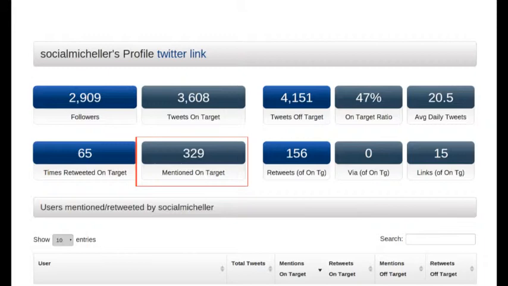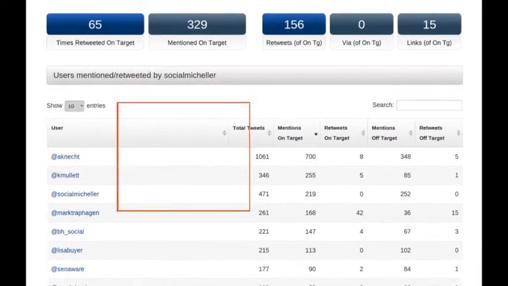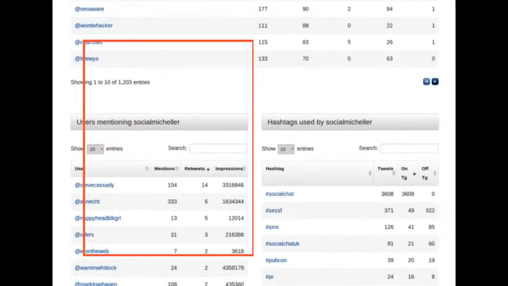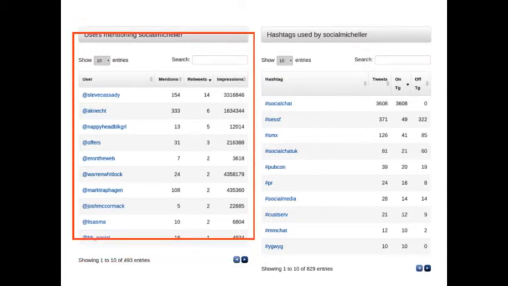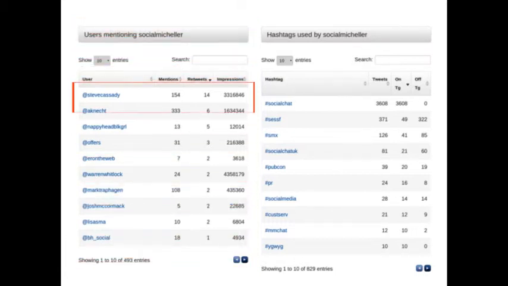But who exactly retweeted and/or mentioned her? To see that, we can scroll down to the Users Mentioning Social Michelle table, where we learn that she was retweeted 14 times and mentioned 154 by Steve Cassidy, generating over 3 million impressions.